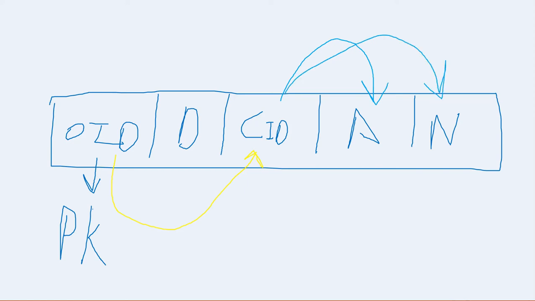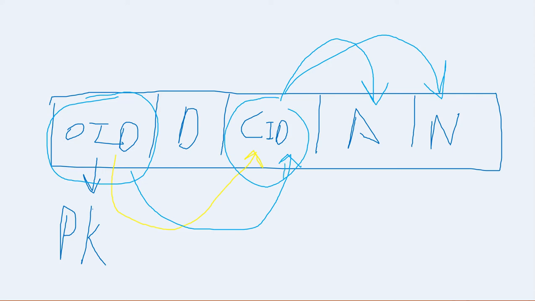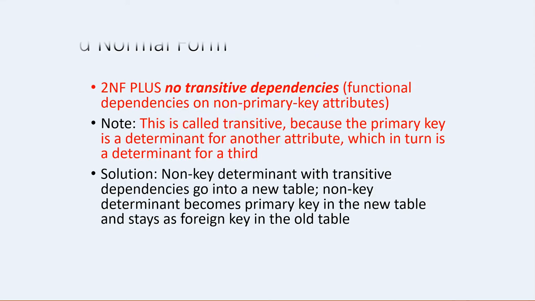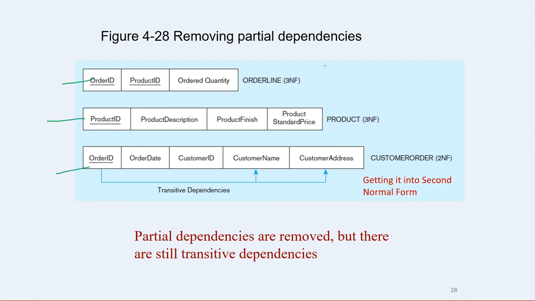So this is your transitive dependency: you have a key which is a determinant of another attribute, and that attribute in turn is a determinant of other attributes. This sort of double relationship you cannot have in 3NF, which is what we have right here. This primary key is a determinant of customer ID, which in turn is itself a determinant of these two.